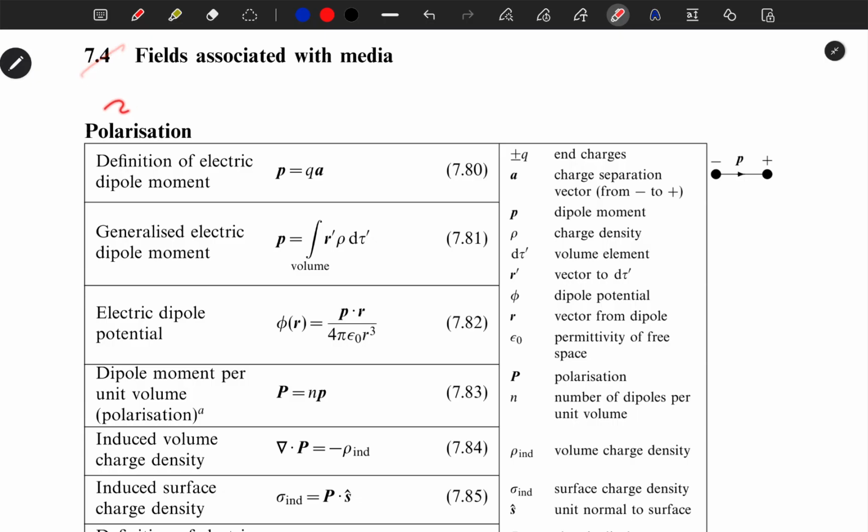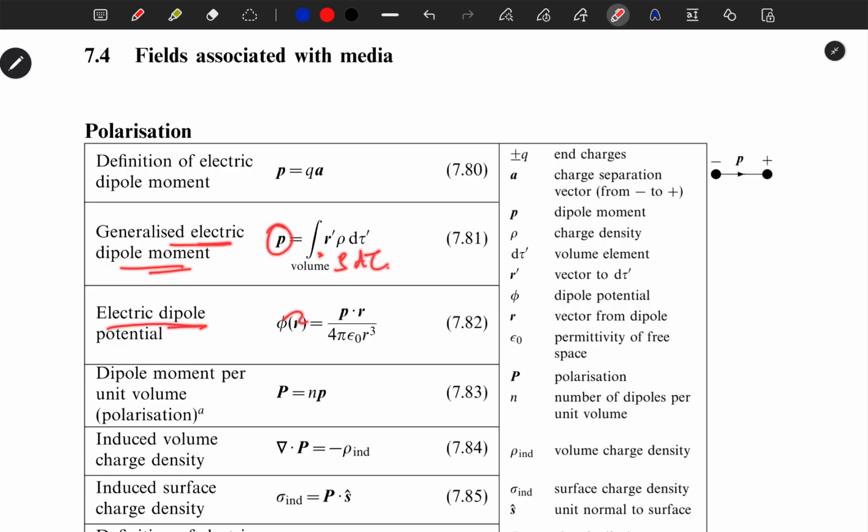Fields associated with media. For polarization, the definition of electric dipole: p equals q times d, so p is q times the distance between the charges. Generalized electric dipole moment: p equals integral of r rho d tau.